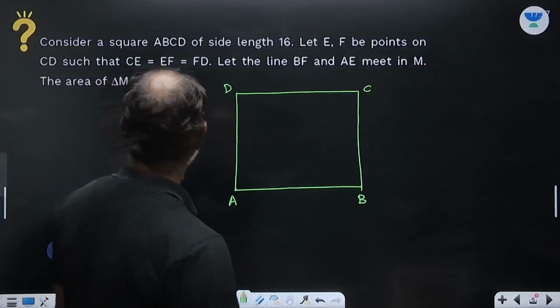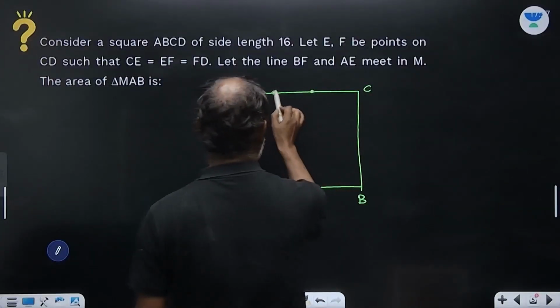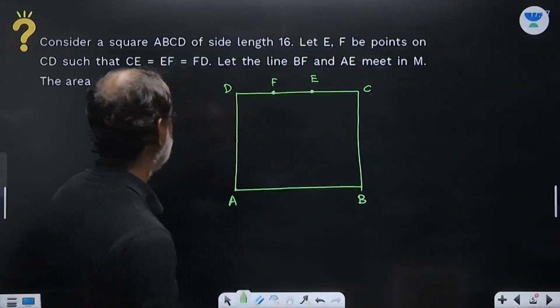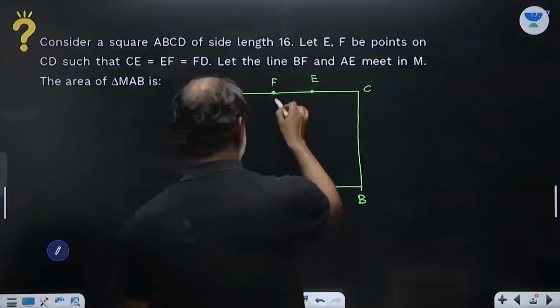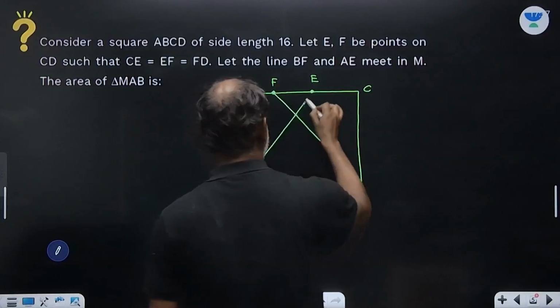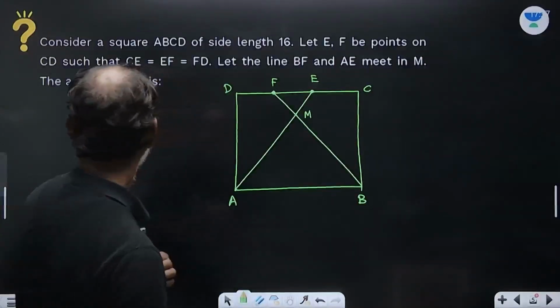You trisect it, CE is EF is FD. Line BF and AE meet at M. So, find the area of triangle MEB.